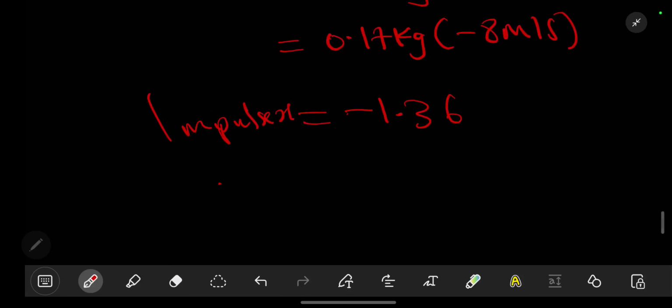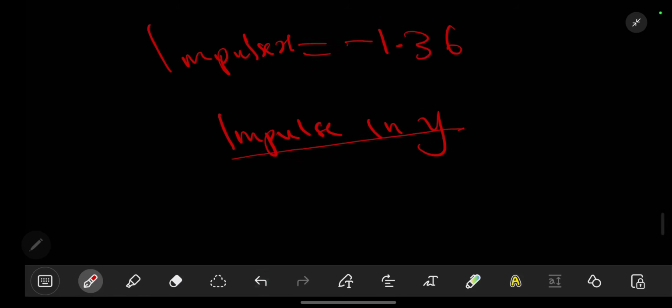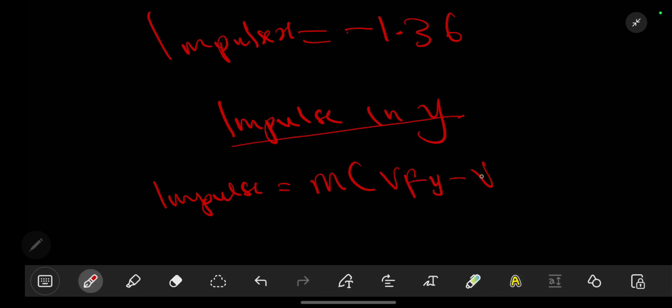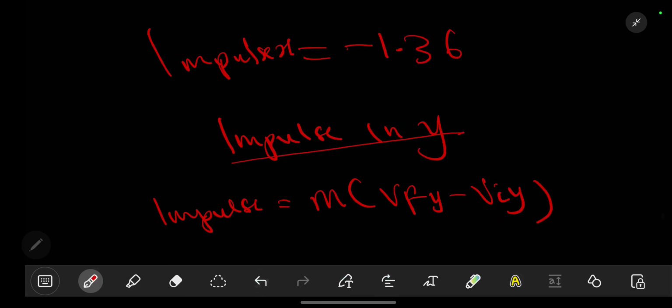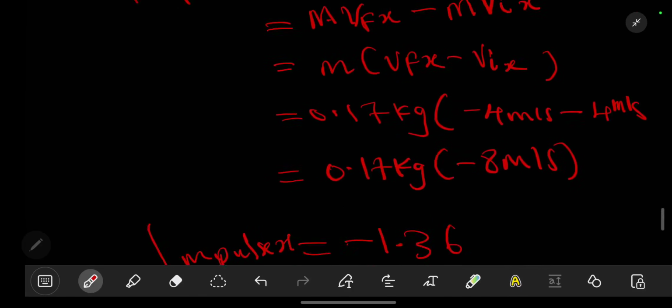Then the impulse in the y will be equal to, same thing, the mass times the final velocity in the y minus the initial velocity in the y. Mass 0.17 kg times the final velocity.